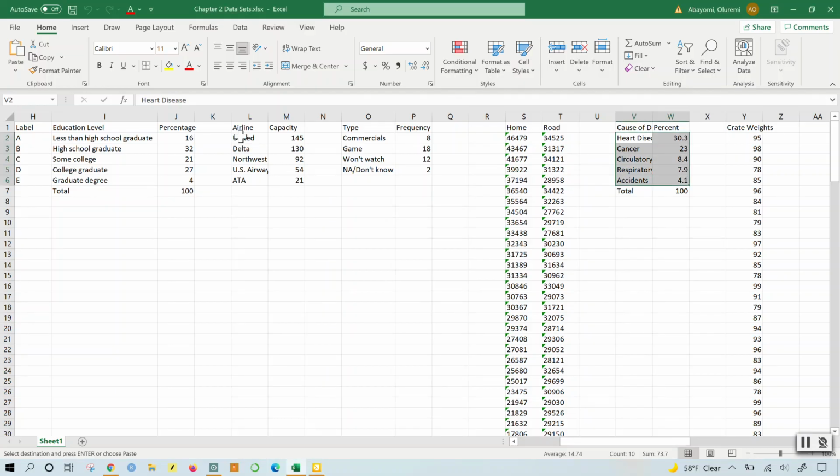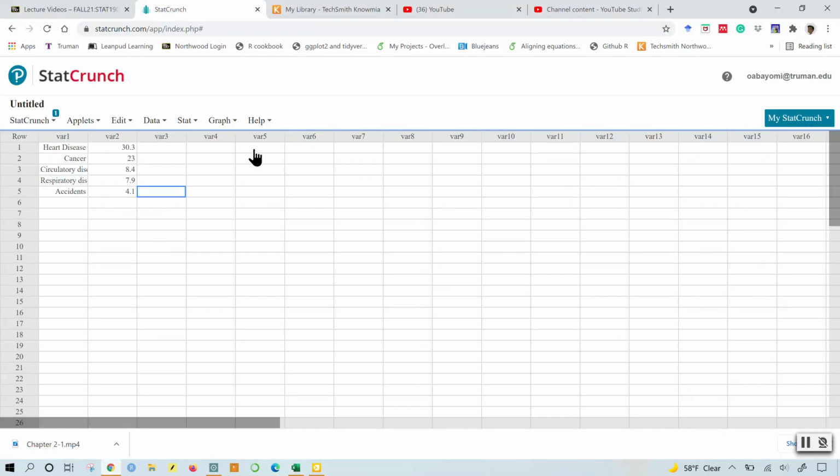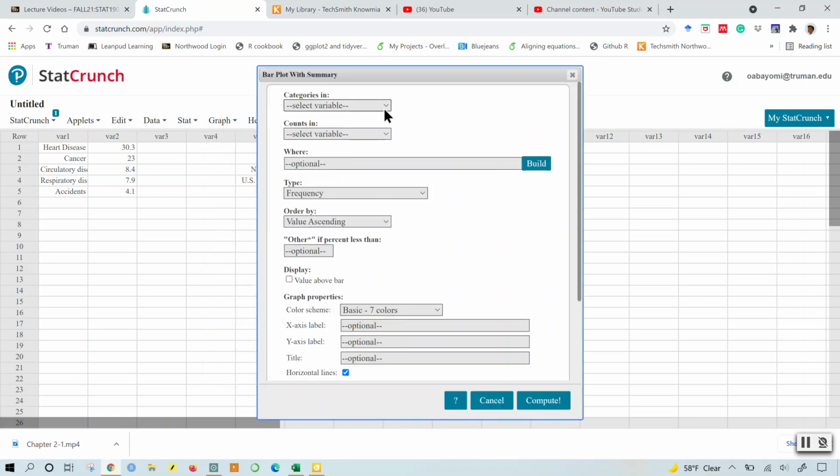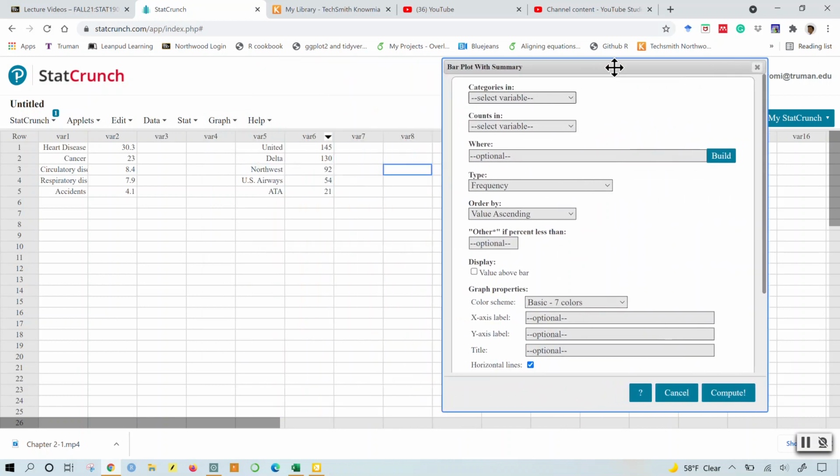So here on your screen, I have the data set. I am going to copy just these details. I'm not going to copy the title. Please note that. I'm going to head over into StatCrunch. So I'm going to paste that here, and I'm ready to draw my bar plot. So go that way, and with summary, because it has already been counted. And as I can see, I'm going to drag this aside.